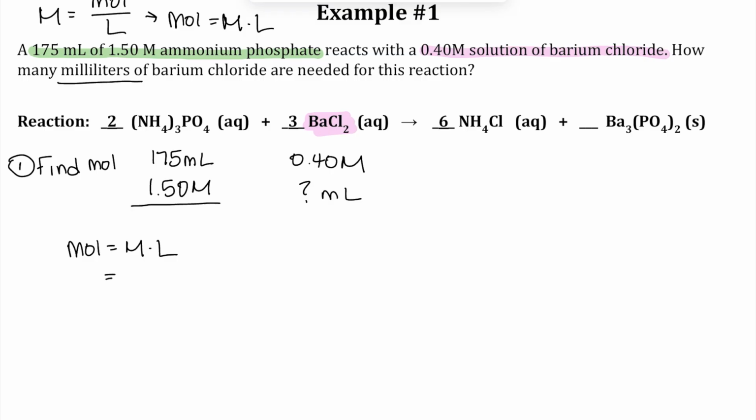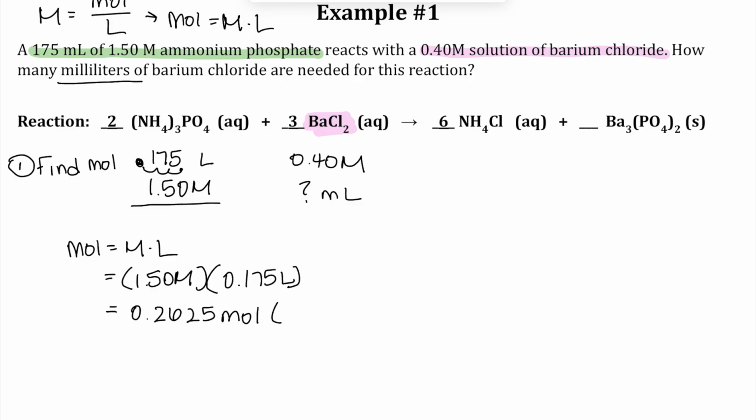So we've got 1.50 molar times, well, I don't want milliliters here, so let's go ahead and convert that. Decimal is right here, so 1, 2, 3. So we're going to have 0.175 liters as our volume. 0.175 liters, and that gives us 0.2625 moles of our ammonium phosphate.